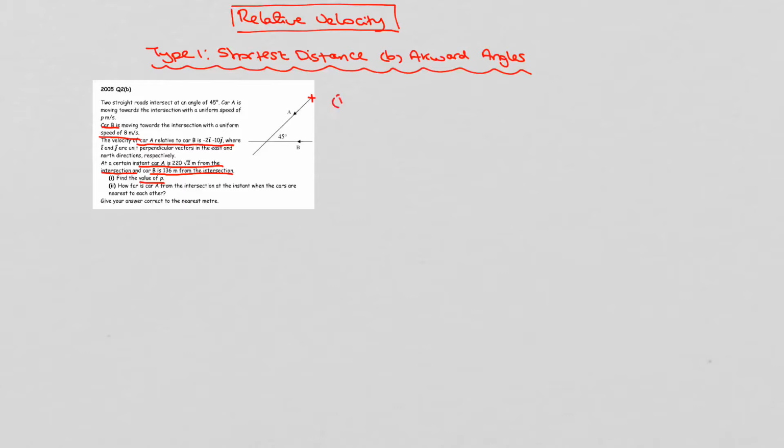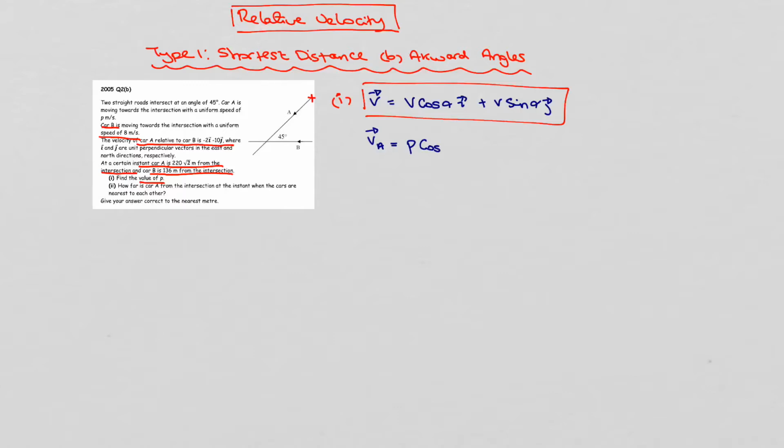Okay, so what do I know? Well, I know that if I'm working out velocity in general, that's going to be u cos alpha in the i direction, and the velocity times sine alpha in the j direction. So we would have seen that in projectiles, we use that a lot. So therefore in this case, the velocity of car A is going to be its velocity, which is p, times cos alpha.